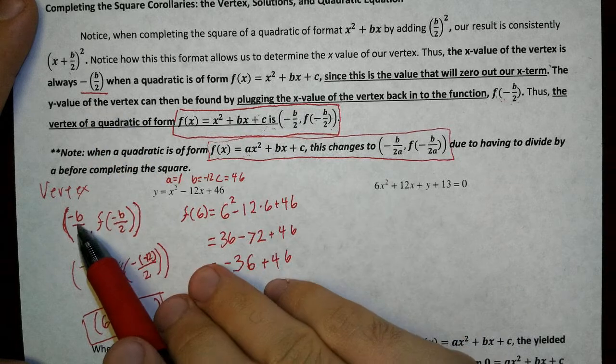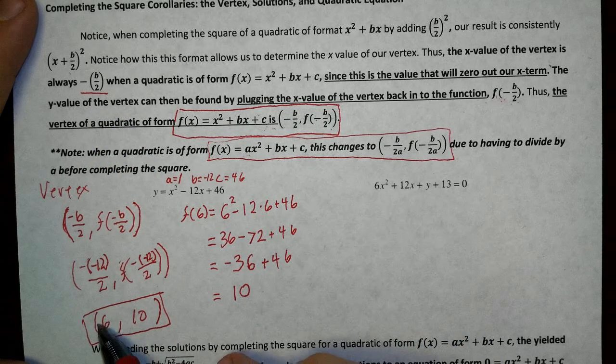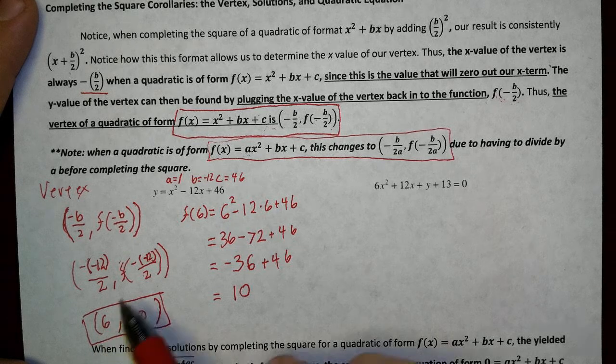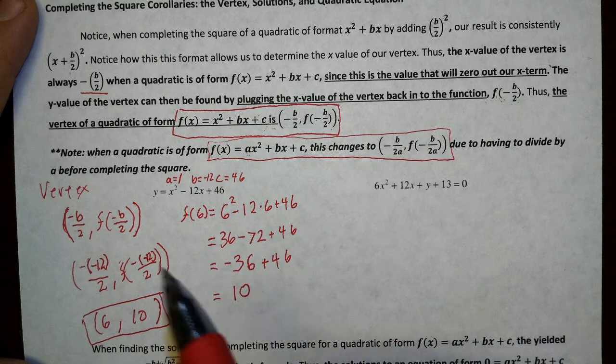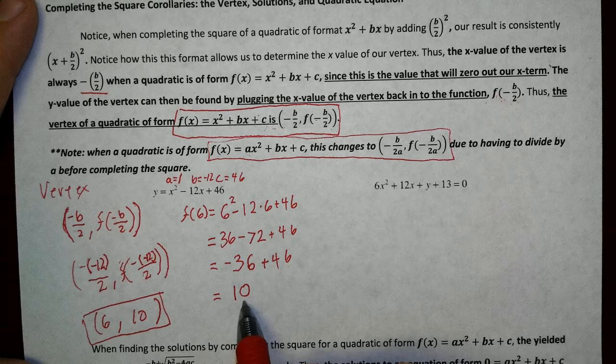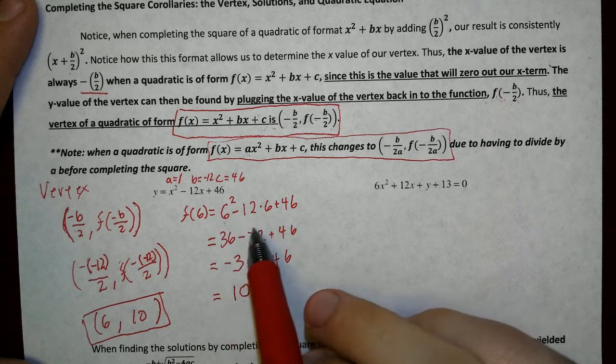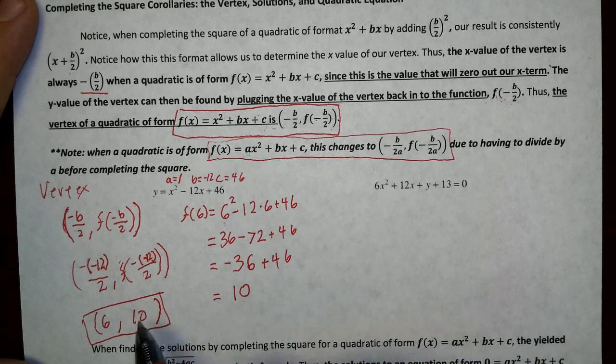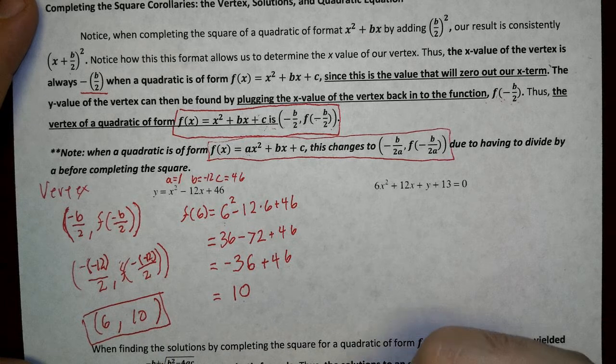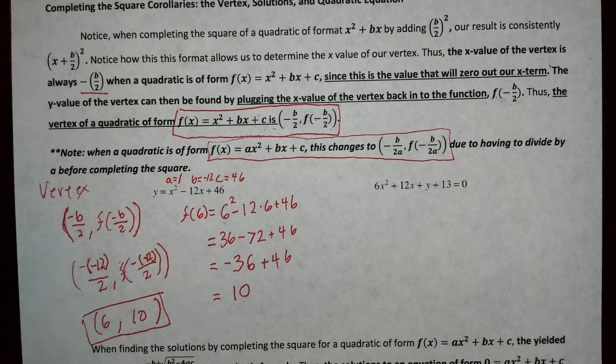We then plug in our x value for our vertex, and then use this x value to find our y value, which we calculate right here after substituting it into our equation and then writing it back here. Okay, and that's our vertex.